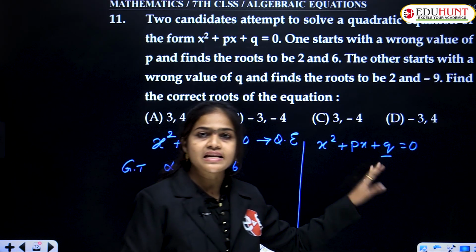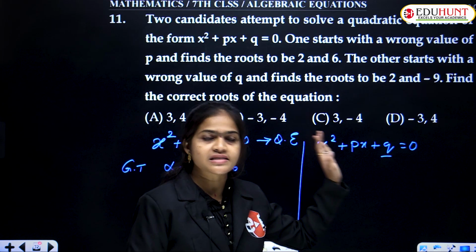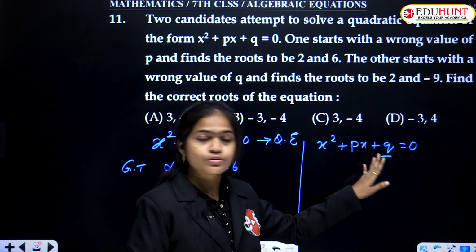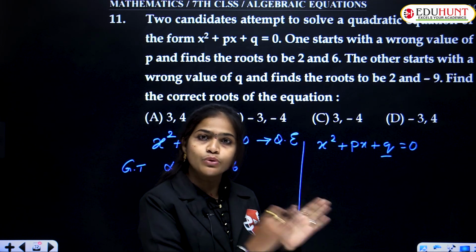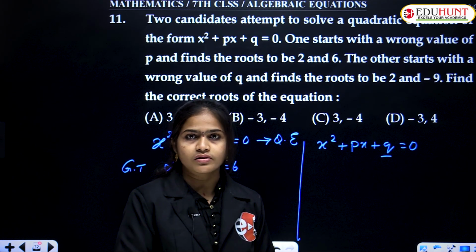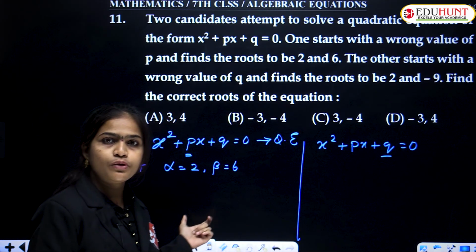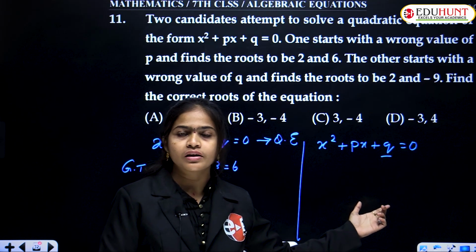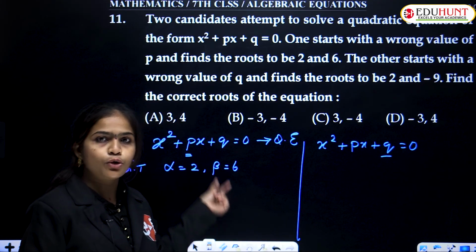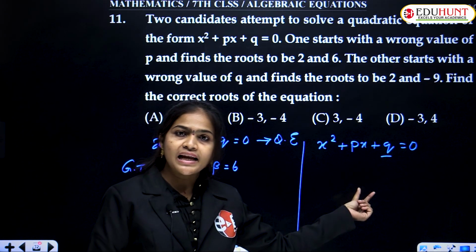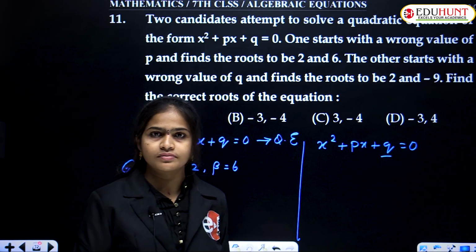And the second person, after completion of the first person's turn, starts to simplify this. Now what he did, he took the p value correct only, and the q value is wrong. Okay, here the p value is wrong, here the q value is wrong. So children, here we have to think one thing: here the p value is wrong means the q value is correct. Here the p value is correct, the q value is wrong.